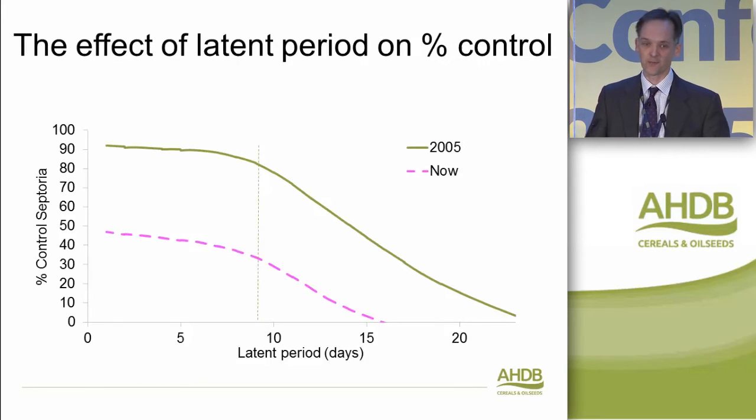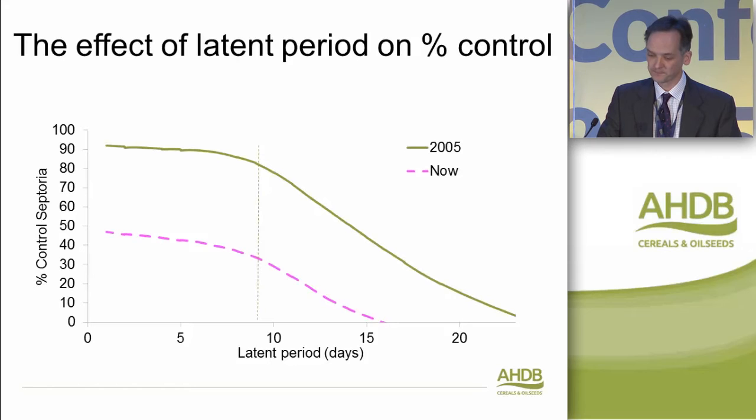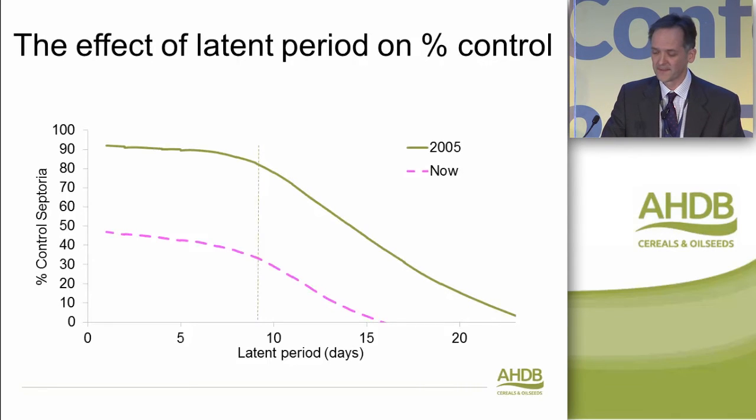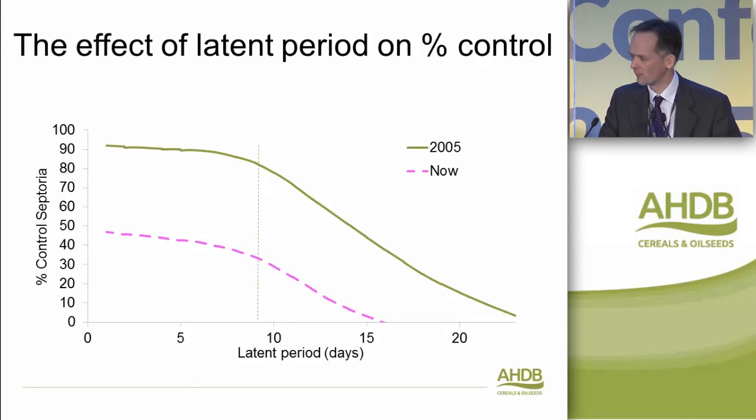There'll be some either side of it, probably on average pretty close to the midpoint. That's the dotted line in the centre of this chart. At this point, I've actually linked this to the charts that you've just seen. And back in 2005, we would have expected around 85% control. That's where the top line is fixed against the dotted line there. Now, we're probably looking at nearer 40% control around the midpoint of the latent period.